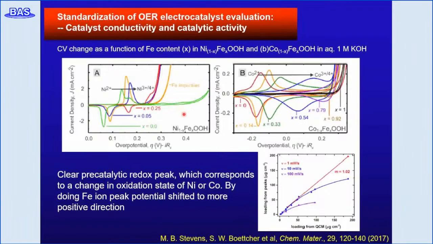Before the catalytic waves, we can see the peak associated with the oxidation of metal ions. When the doping amount of iron increased, this peak, the oxidation reaction from nickel 2 plus to nickel 3 plus or cobalt 2 plus to cobalt 3 plus, is shifted to the high potential direction. This shift indicates that an electronically delocalized energy band exists by doping iron ions.